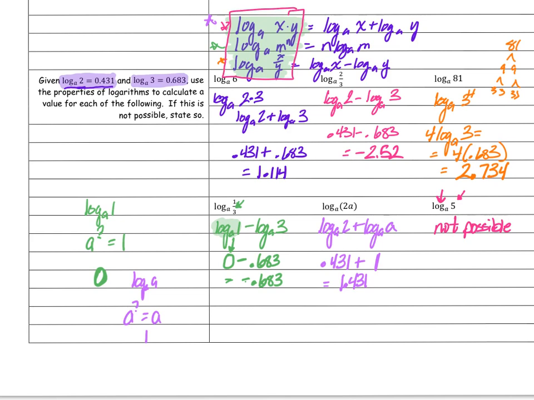But if it's only one log, none of this side over here includes addition. So to get 5 using a 2 or a 3 is no way to do it with multiplication, because 2 times 3 is 6. No way to get 5. So it's not possible. And 2 times 2 is 4, and 3 times 3 is 9. So it's not possible.